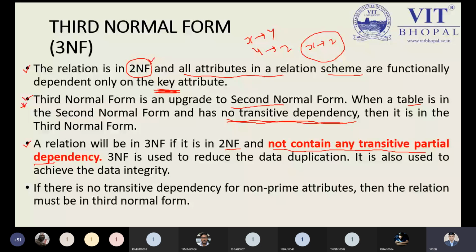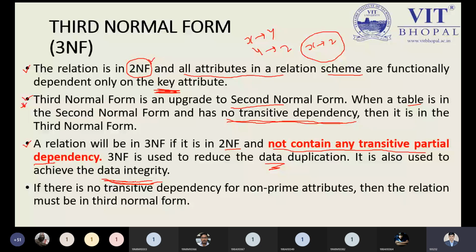Let us continue. Third normal form is used to reduce data duplication. This is the point we need to keep in mind, and it is the biggest advantage of the third normal form. It is also used to achieve data integrity. We have discussed these important terms in the earlier class: data integrity, data redundancy, data inconsistency, data isolation, if you remember.